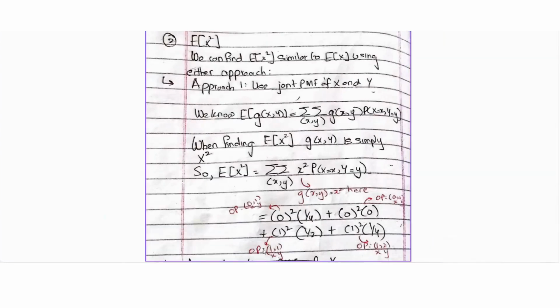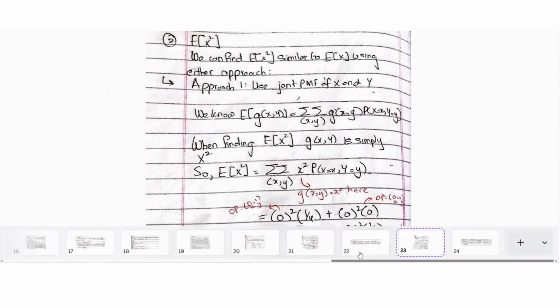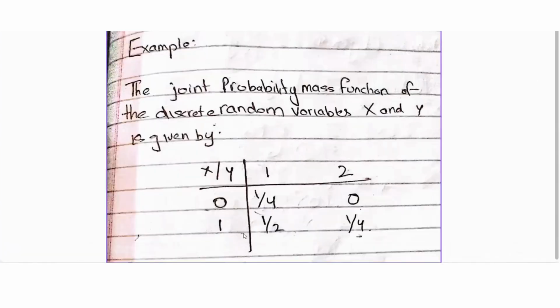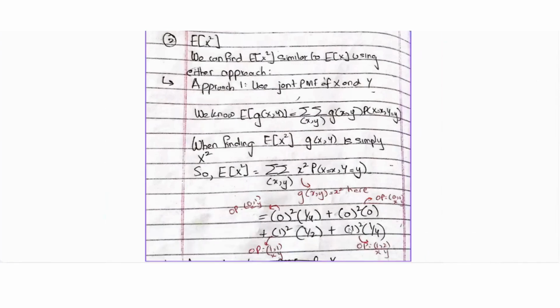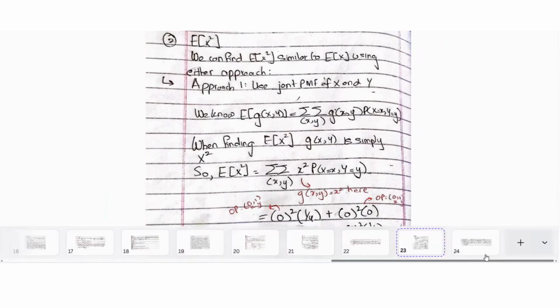So we take x squared, which is 1 squared, times the probability 1 by 2. Then we move on to the last ordered pair, where X is 1, Y is 2, and the probability is 1 by 4. So we take x squared, which is 1 squared, times the probability 1 by 4.